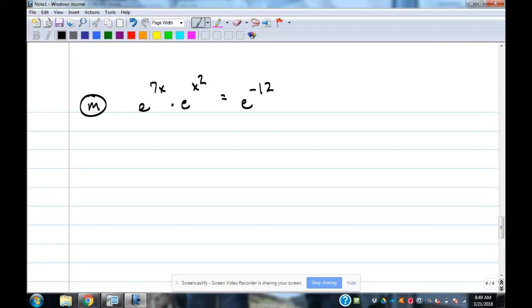Example M. E to the 7x times e to the x squared is equal to e to the negative 12.